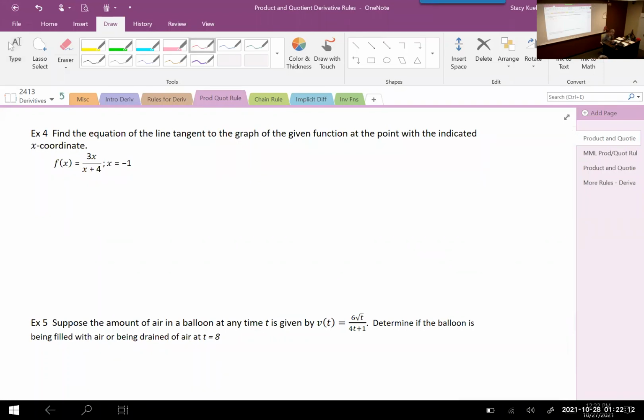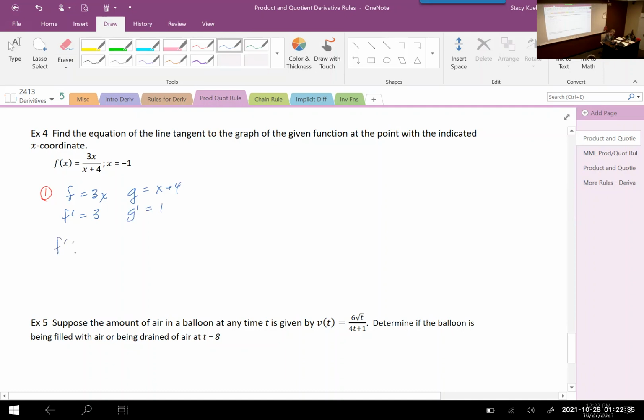We're going to find the derivative. f is 3x, so f prime has to be 3. g is x plus 4, so g prime has to be 1.